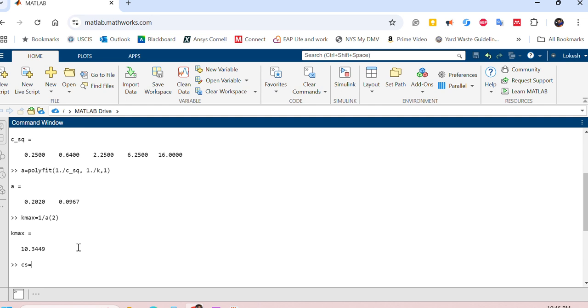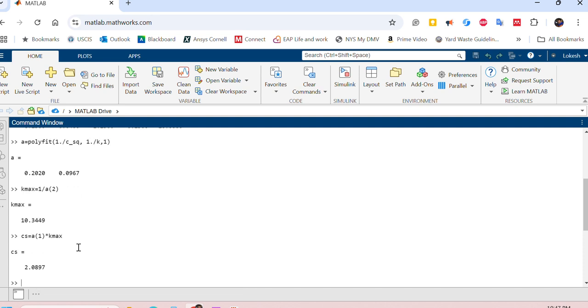So what I'm going to do is use this information to find out the cs, which is going to be equal to a1 times k max, and that will be my cs that I need.